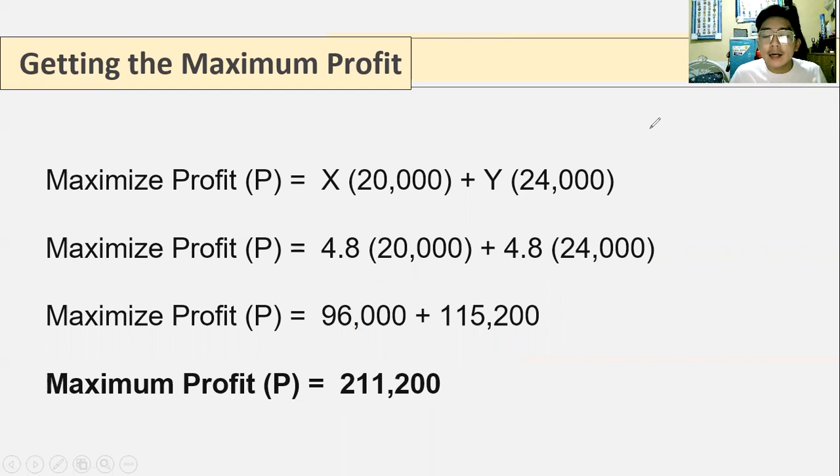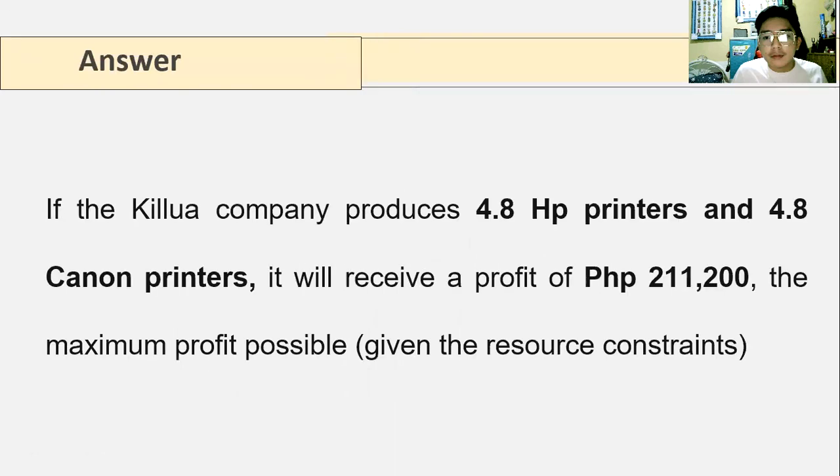And to finalize our answer: if Kilua Company produces 4.8 HP printers and 4.8 Canon printers, it will receive a profit of 211,200 pesos, the maximum profit possible given the resource constraints.